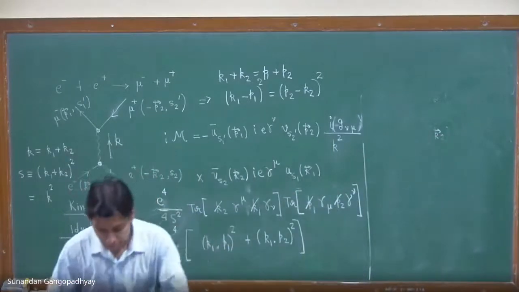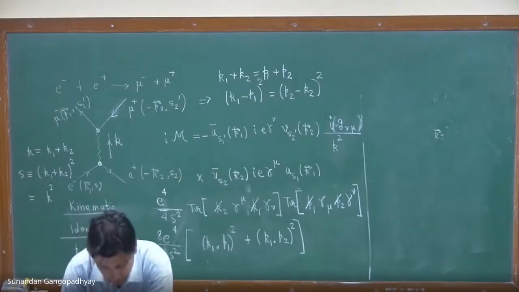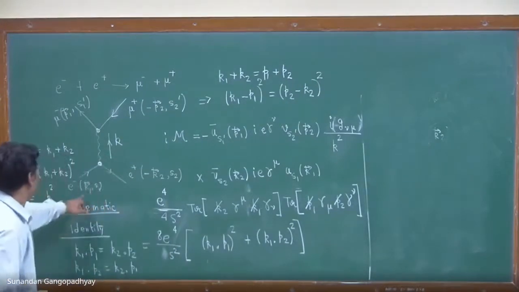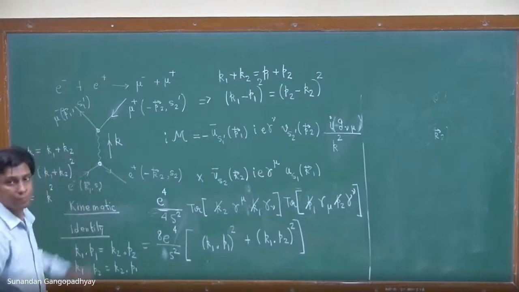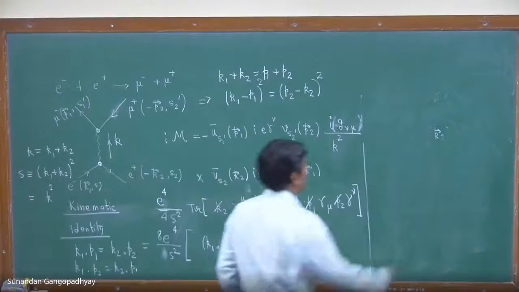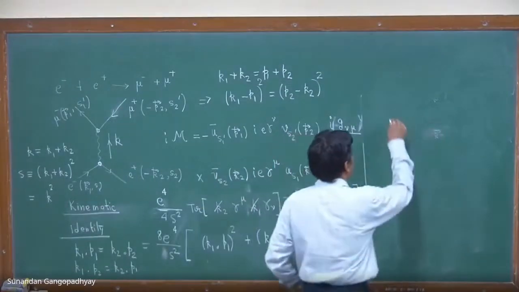So in the center of mass frame, if theta is the angle between the incoming electron and the outgoing muon, that is between K1 and P1, then you can show that, let me first draw the particles in the center of mass frame.